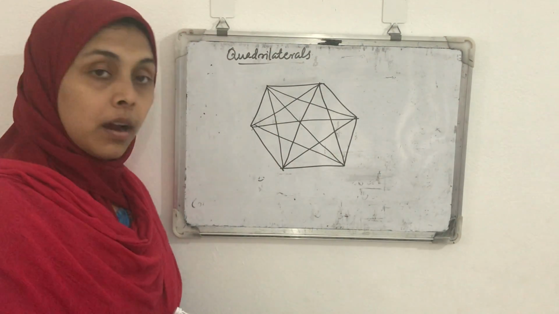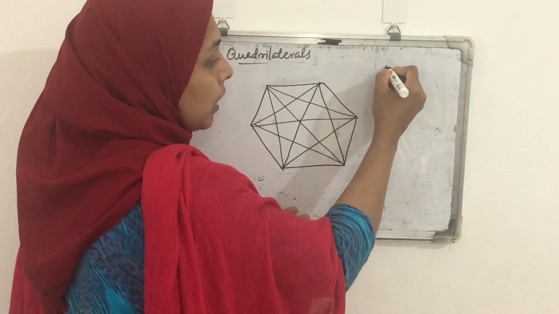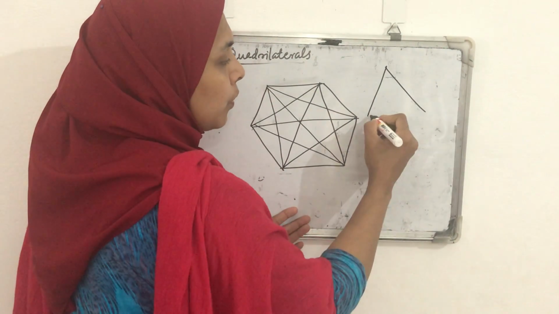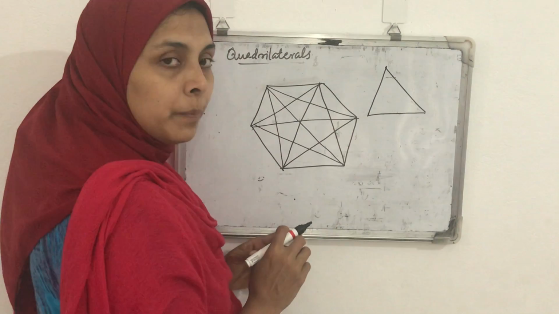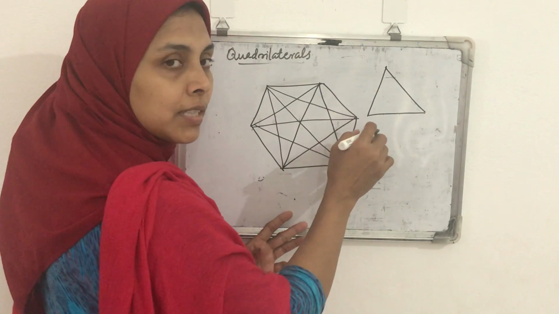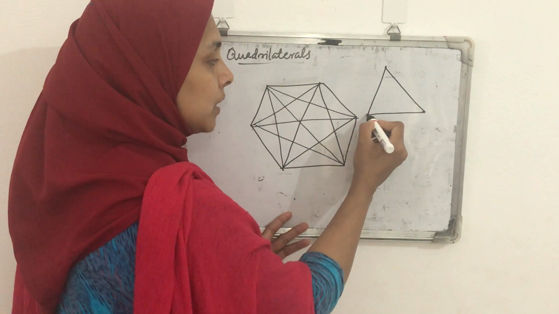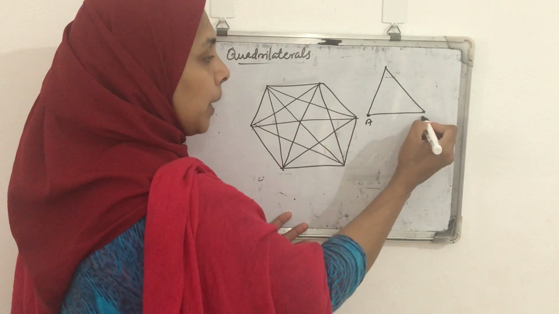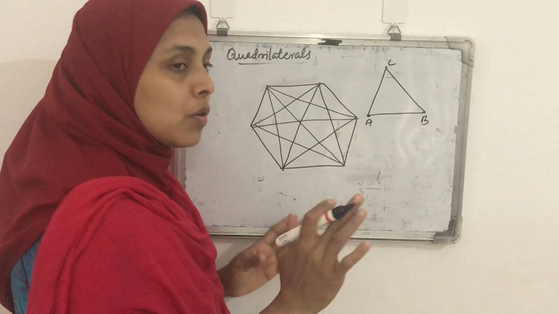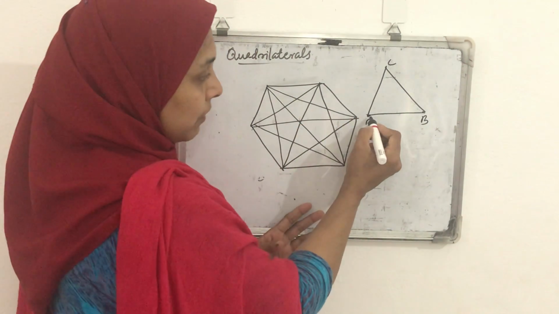Next, a triangle. How many diagonals can we draw in a triangle? Can you draw any diagonals from a triangle? Only 3 vertices are there. We can't draw, since all vertices are consecutive. These are vertices A, B, C. No non-consecutive vertices are there.